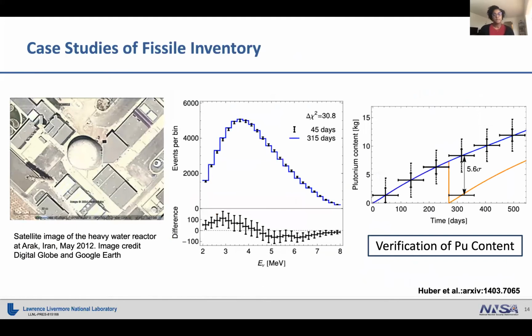Patrick Huber at Virginia Tech also demonstrated that you can use antineutrino monitoring to understand more information about the fissile inventory if you're looking at the energy profile of the antineutrino emission.